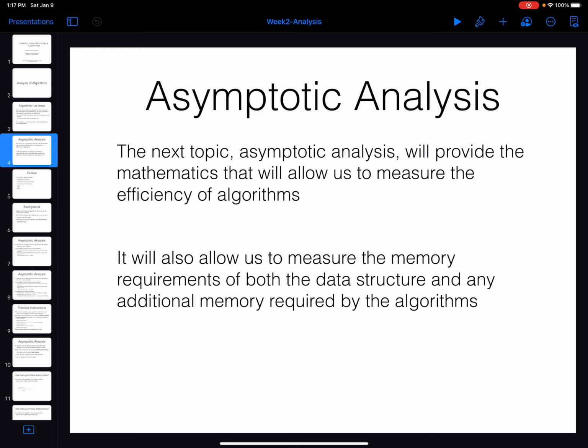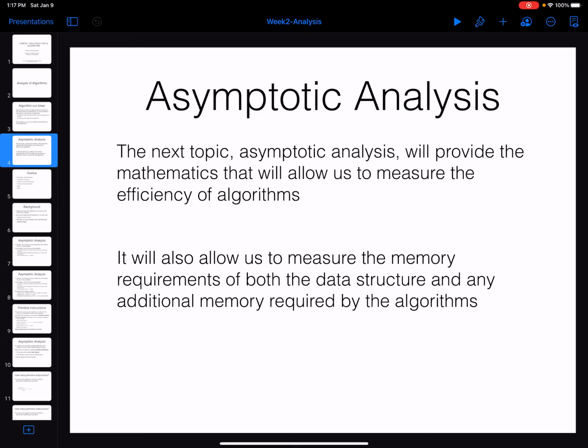We need a tool that helps us analyze the efficiency of algorithms independent of all the details of the implementation. Just the essence of the algorithm, that this algorithm is going to work better and be more efficient than this one. It doesn't matter where you are implementing them.